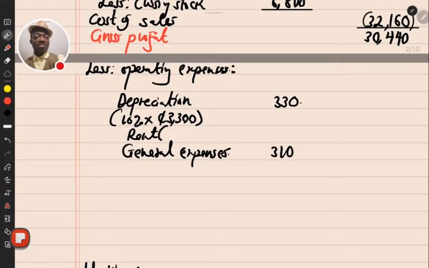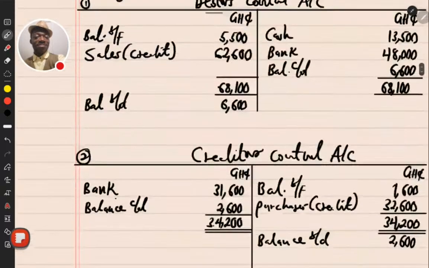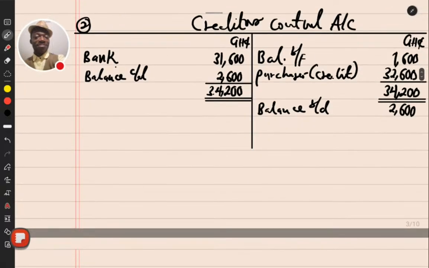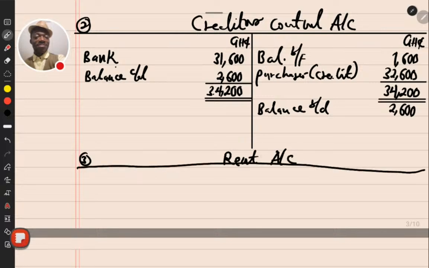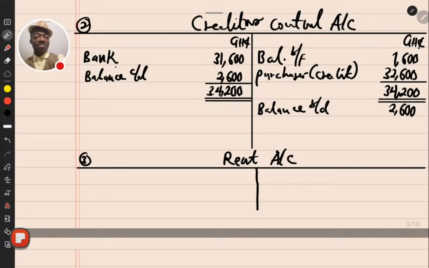Then for the rent, we need to do workings for it. So we'll say workings 3 for rent. So we'll have rent account.